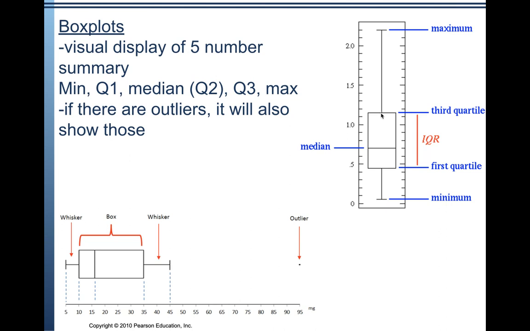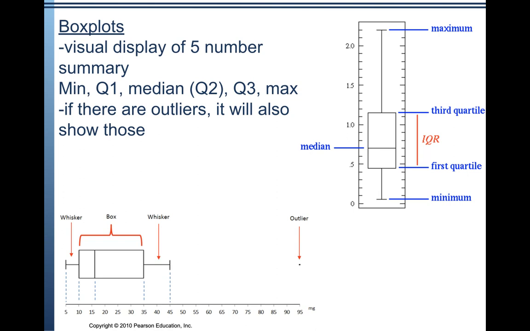So the box marks your Q1, median, and Q3. And then the whiskers, remember it's sometimes referred to as a box and whisker plot, go from Q1 down to the minimum, or Q3 up to the maximum.